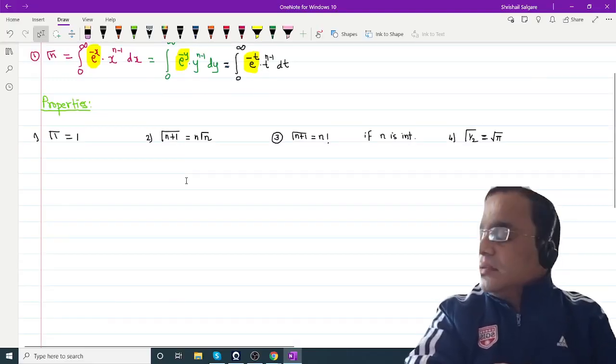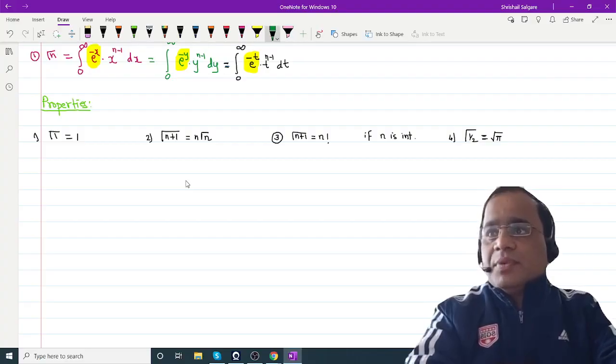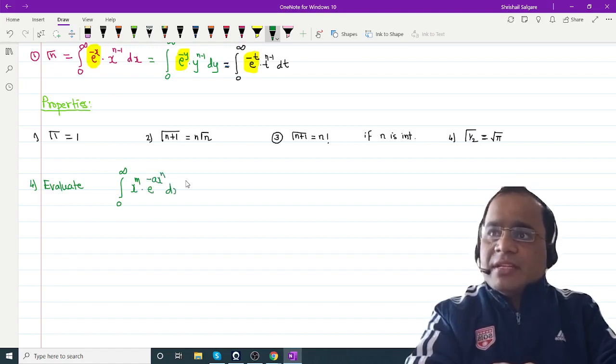I think three examples we have seen yesterday. Now the fourth example: evaluate the integral 0 to infinity x raised to m into e to the power minus a x raised to n dx.